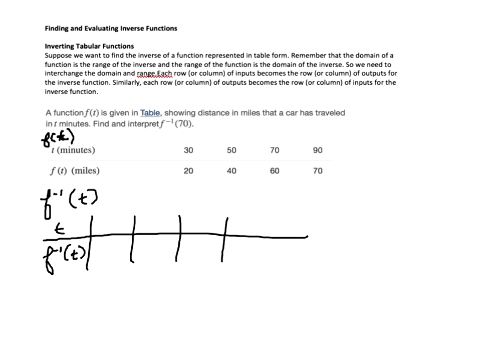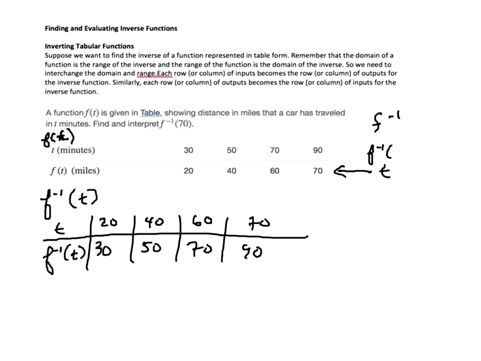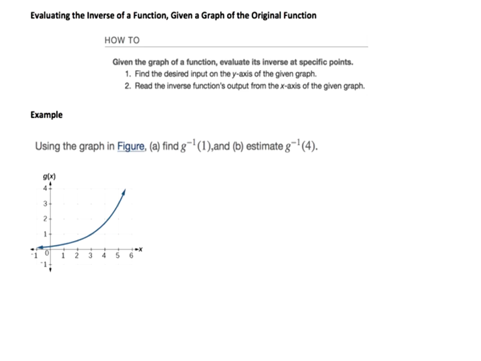Okay, so t is going to be 20, 40, 60, 70. For f inverse, these are going to be my p-values now. And then I have 30, 50, 70, 90 for f inverse of t. It's going to flip-flop for me. All right.